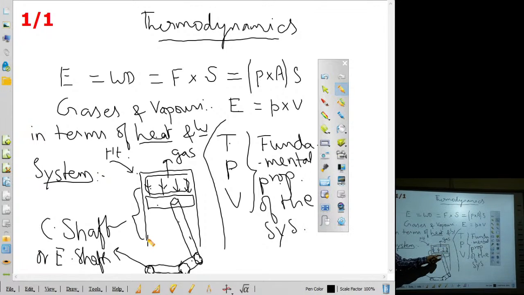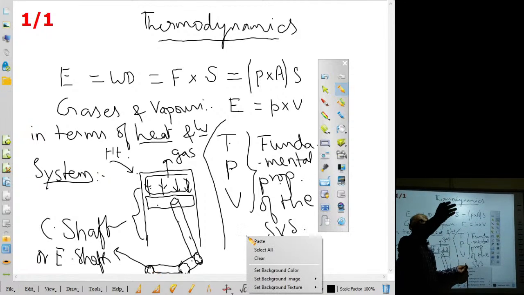Because of that, gas will push the piston, and on the other side we will get rotation, and this shaft, which is also under rotation, to this shaft only, a wheel is attached. That is the wheel of our automobile, scooter, motorcycle, bus, car, lorry, truck and so on.